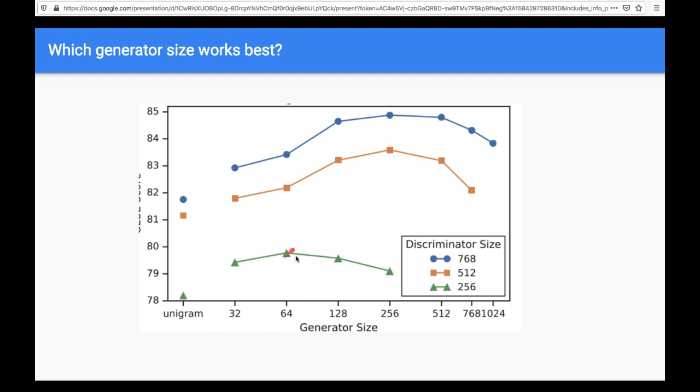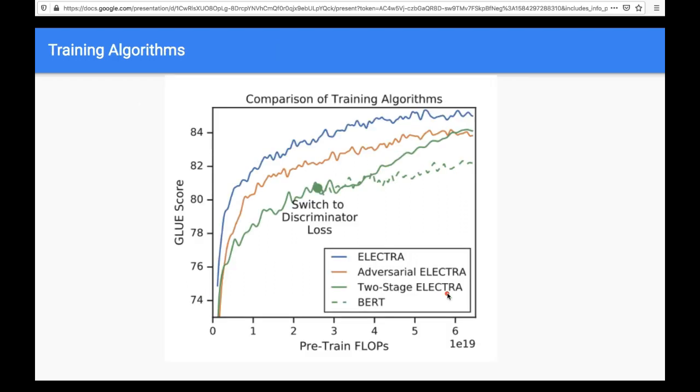So the conclusion is that the best generator size is about 25% to 50% of the discriminator size. The generator needs to be half or 1/4 the size of the discriminator. They did this experiment to find that out.